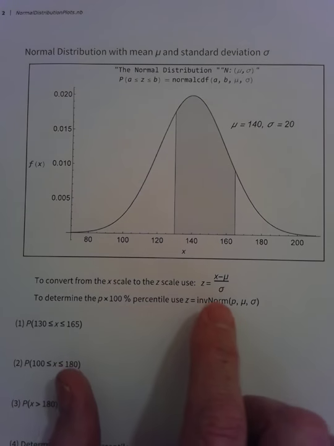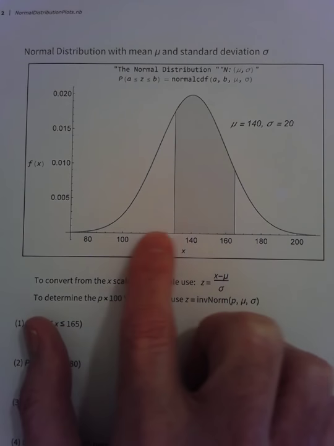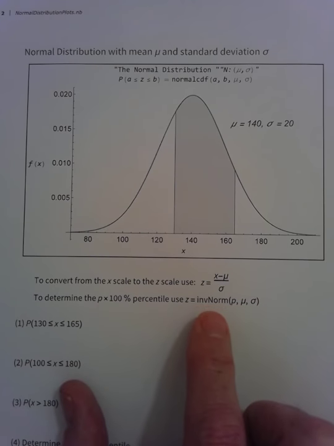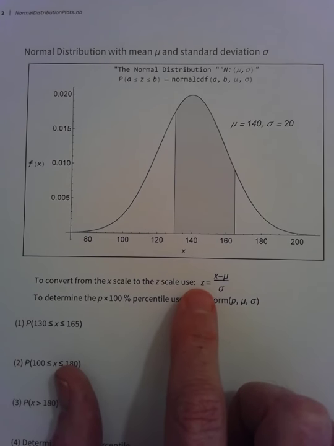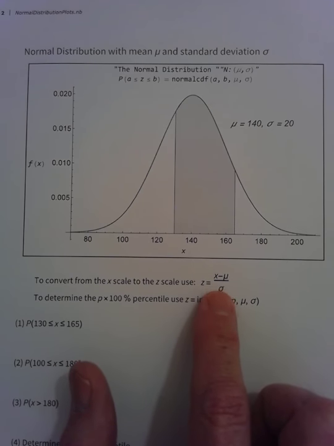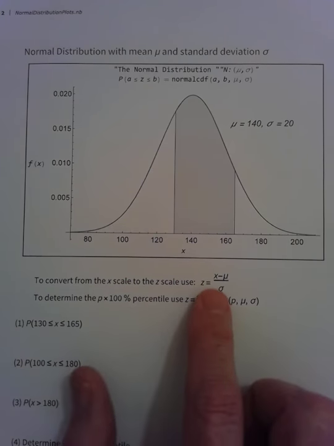So we can always convert from the variable natural scale, like this one, back to the z-scale using the formula we showed in class. My z number, or standard deviation number: first I take the value, subtract the mean, that gives me the distance between the value and the mean, and then I divide by the standard deviation, the size of the standard deviation, to move from the x scale to the z scale.